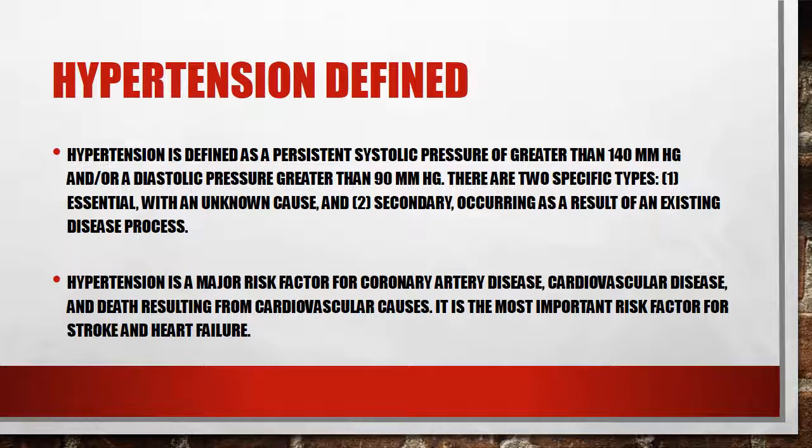Remember that hypertension can lead to increased risk of myocardial infarction and stroke. And so the big deal that we need to remember here is that we've got this number here shows 140 over 90. A persistent number that's greater than that is defined as hypertension, but that's what your text is saying.